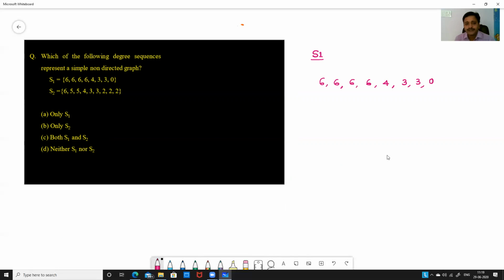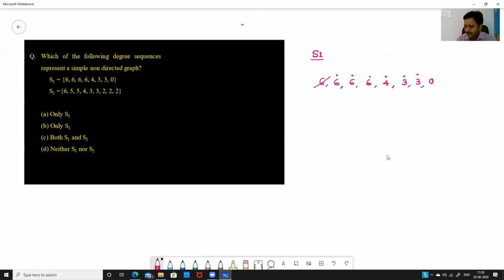In the Havel-Hakimi result, first you have to cut the first degree and subtract 1 from that many vertices' degrees. Please watch that video in which I explained the Havel-Hakimi result. First cut the first one, that is 6. Now take the next 6 vertices' degrees like this.